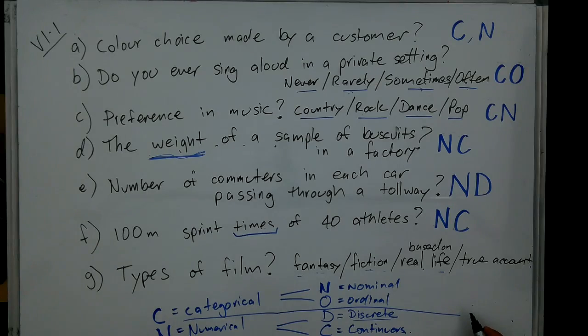Okay, the last one, G. A group of students is shown a film and then asked if they thought the film was likely to be fantasy, fiction, based on real life, or a true account. Again, this is the actual data we're collecting, each student's interpretation of the film.